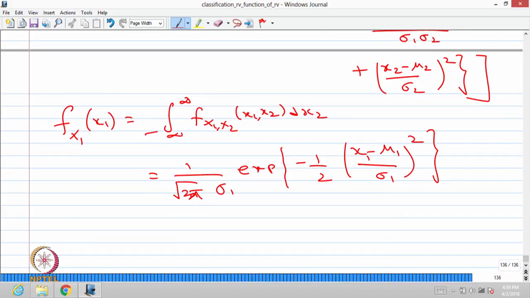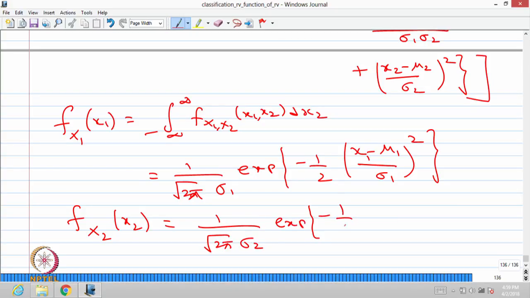Similarly, you can find the marginal distribution of x2 by integration with respect to x1 of the joint probability density function. So that is going to be 1 divided by square root of 2 pi sigma 2, exponential of minus 1 by 2, x2 minus mu2 divided by sigma 2, the whole square.